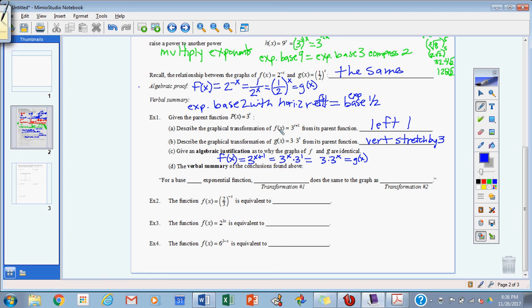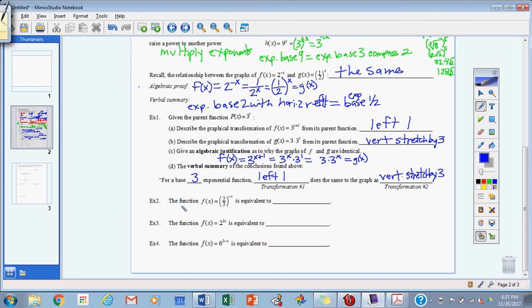So there's our algebra showing that f of x is equivalent to g of x. For a base 3 exponential function, horizontal shift left 1 does the same to the graph as vertical stretch by 3. We're trying to get you to understand how these are equivalent to each other.